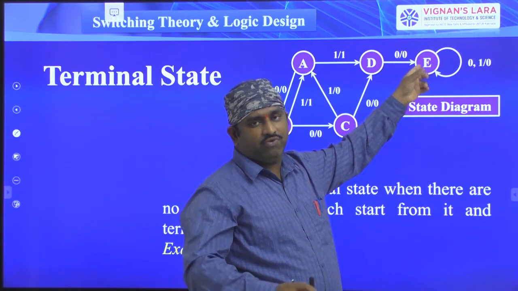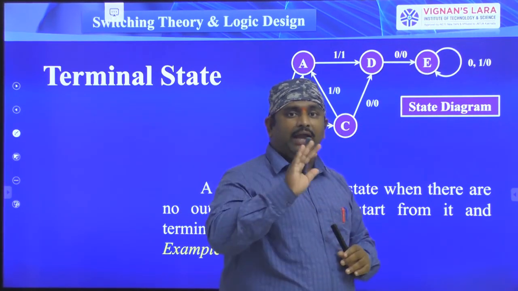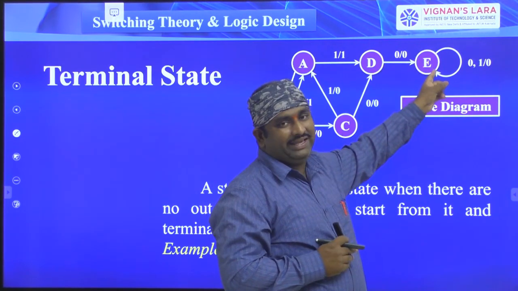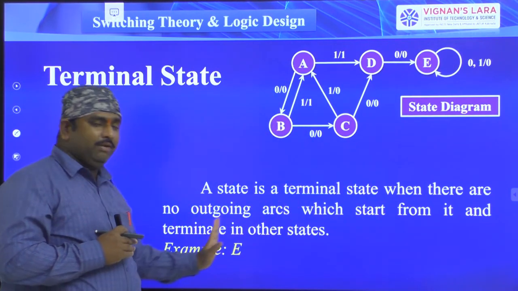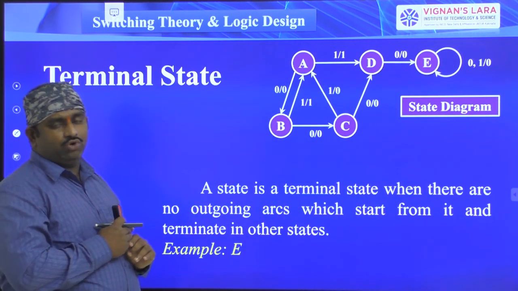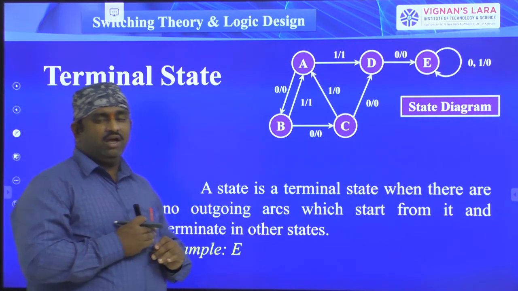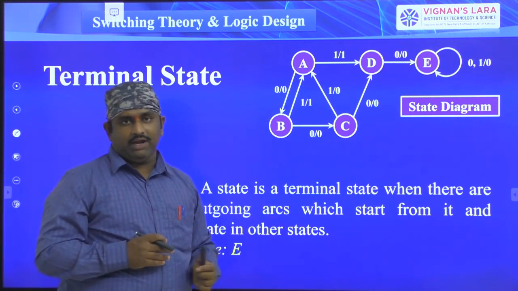There is no chance of getting to another state from E. So E is the end point. There is no other state from E. So you can call E the terminal state, that is the final state. So the example is the E state from our diagram.